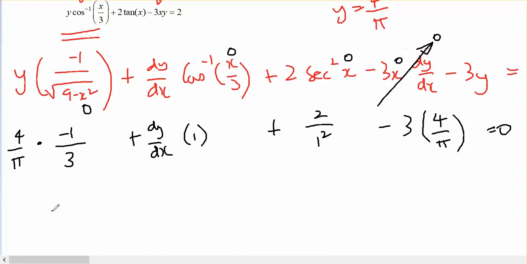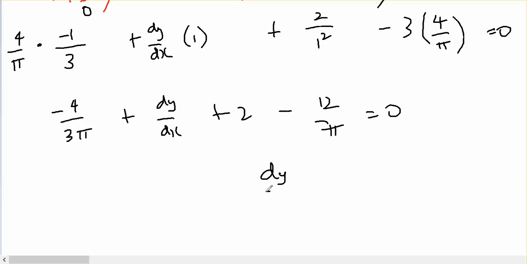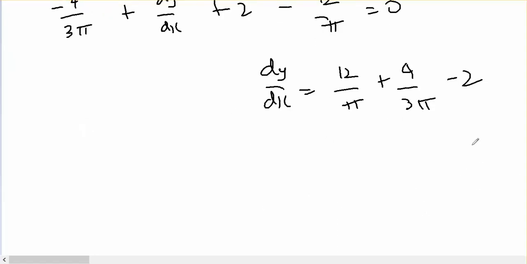So what have we got? We've got minus 4 on 3 pi plus dy/dx plus 2 minus 12 on pi equals 0, which means dy/dx will equal 12 on pi plus 4 on 3 pi minus 2. And I might put that all over 3 pi.